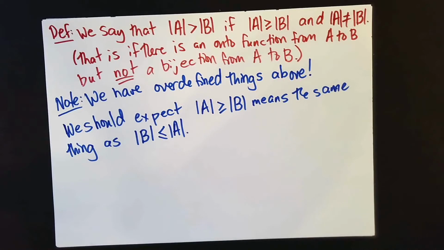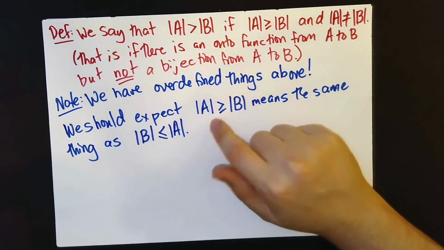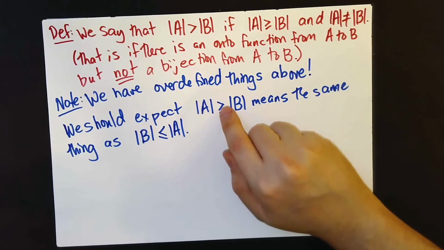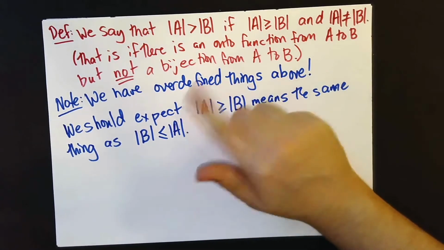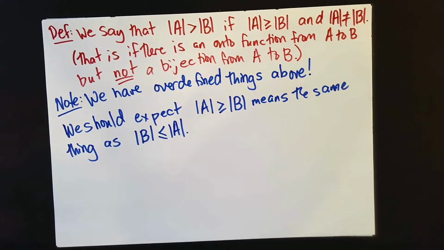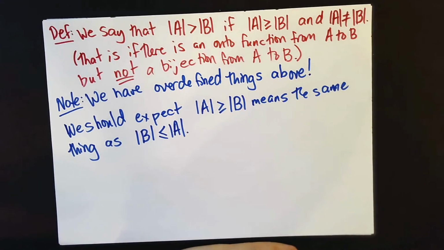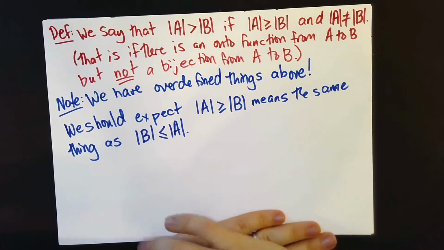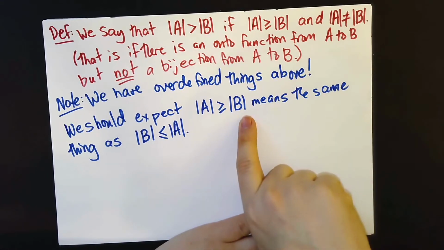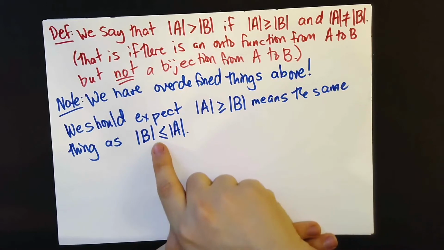Namely, having worked with these symbols for our whole lives, going all the way back to Mrs. Fisher in 1st grade class telling me that this was an alligator, and so the alligator always wanted to eat the bigger thing, so that was sort of how I remember this, and I still sort of mentally think of that even when I look at these things today. But we've been thinking about these things our whole lives. You should definitely expect that the size of A being greater than or equal to the size of B should mean exactly the same thing as saying the size of B is less than or equal to the size of A.